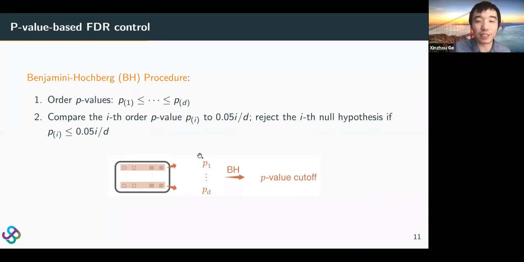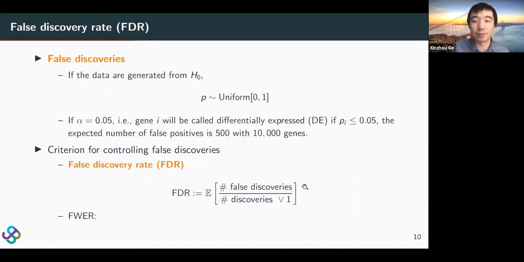The BH procedure first orders P1 to PD into P parenthesis 1 to P parenthesis D, and then we compare the i-th ordered p-value P(i) to 0.05 times i over D, and reject the i-th null hypothesis if P(i) is smaller or equal to 0.05 times i over D. So this is the BH procedure, and by doing this, it can control the false discovery rate.